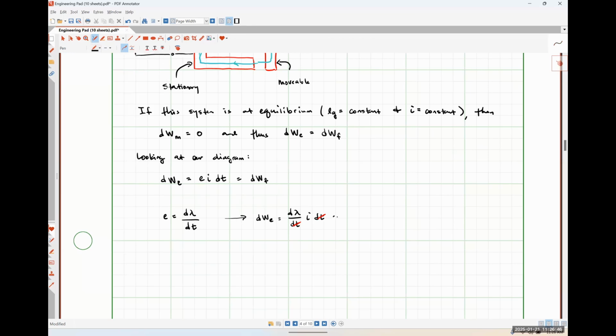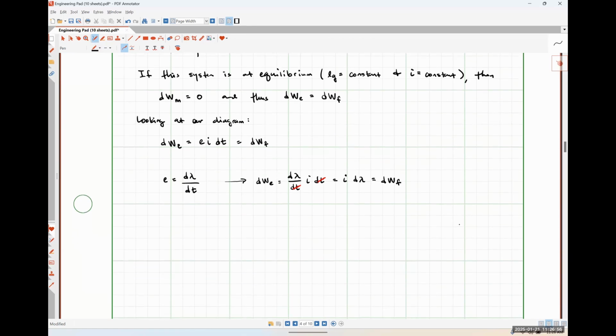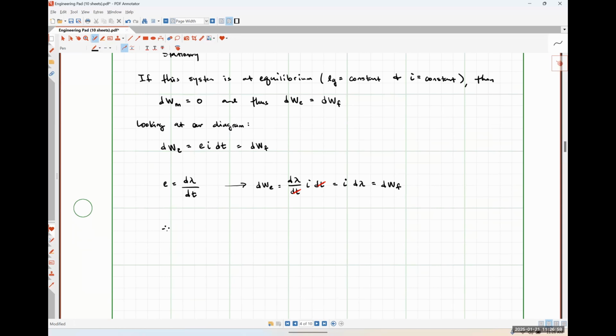And so I wind up getting I times the change in flux linkage is equal to my differential field energy, and therefore my field energy is just the integral from 0 to any particular value of flux linkage of I integrated with respect to flux linkage.